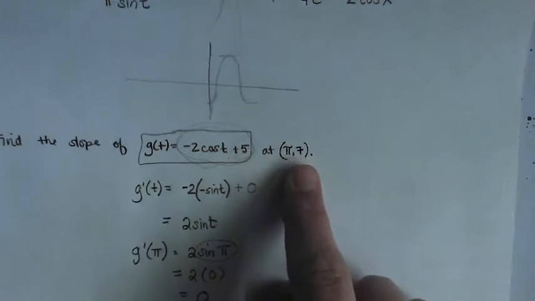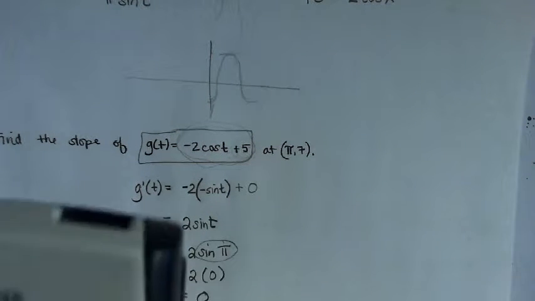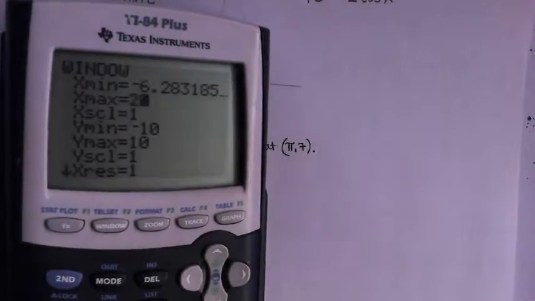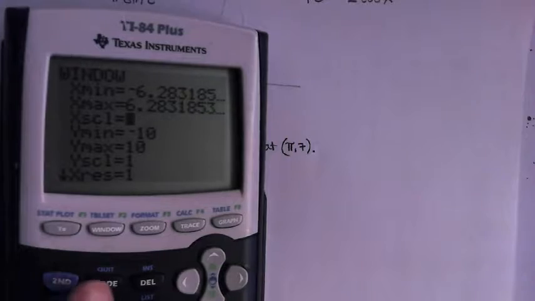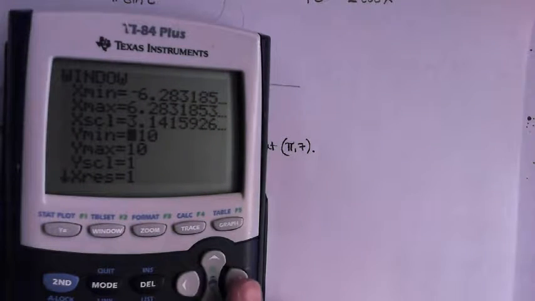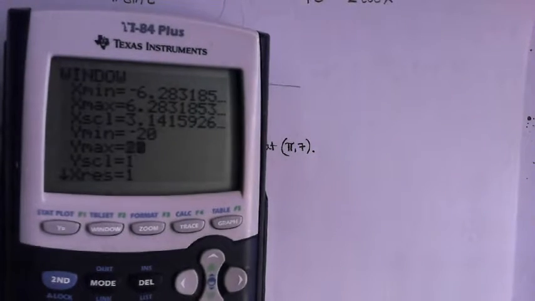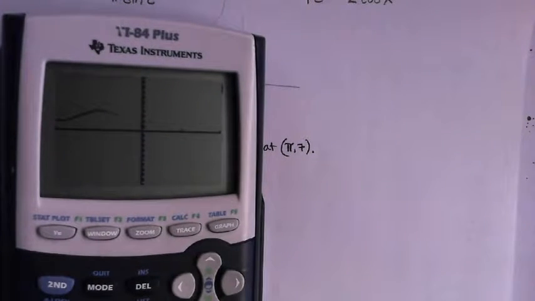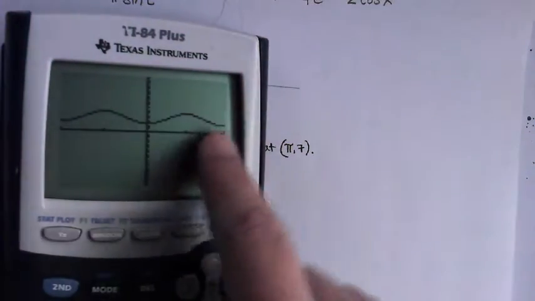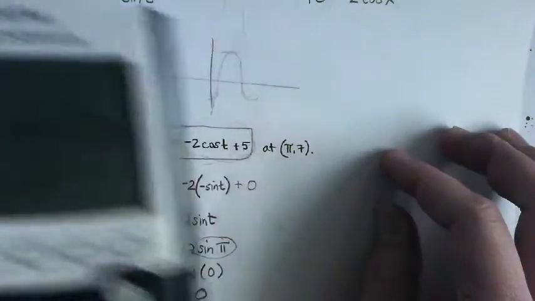Window, I'm dealing with a point pi, 7, so I'll go negative 2 pi to 2 pi, and I'll count by pi's. Let's go negative 20 to 20. Okay, so there's my negative cosine graph shifted up 5 units.